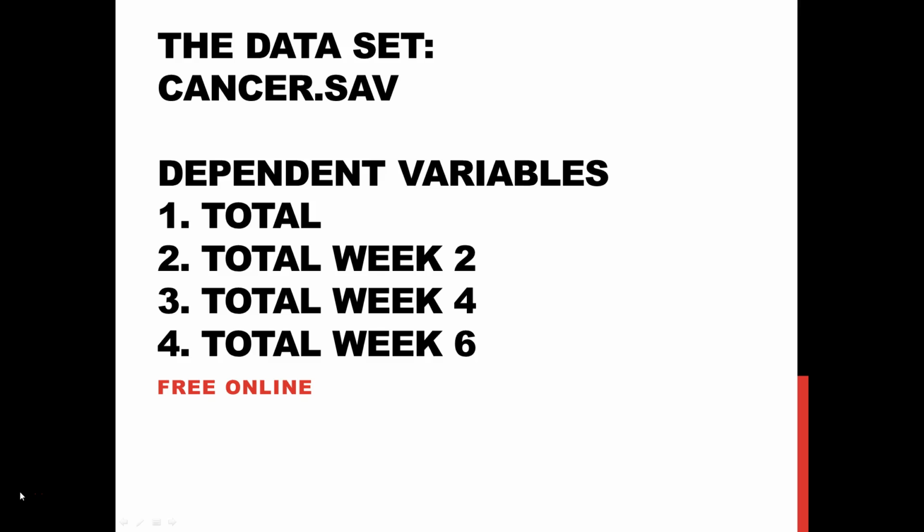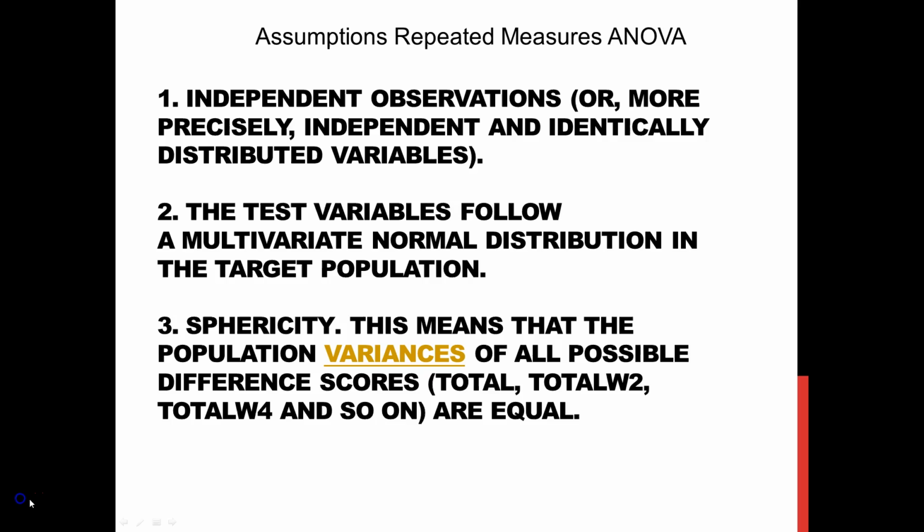Then there's treatment, and in the second week we'll have a test and treatment again, and on the 4th week he or she will be tested and treated again, and on the 6th week he or she will be tested. Those are your four dependent variables, and this data set is free online.